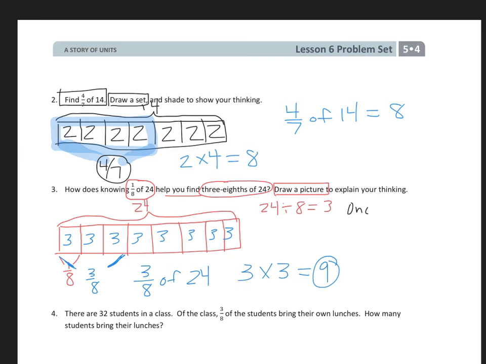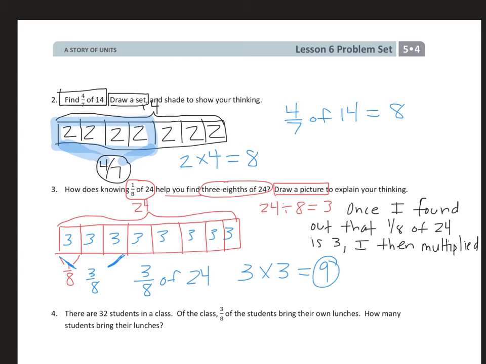We're going to say, once I found out that 1/8 of 24 is 3, I then multiplied 3 by 3 to find out what 3/8 of 24 is.